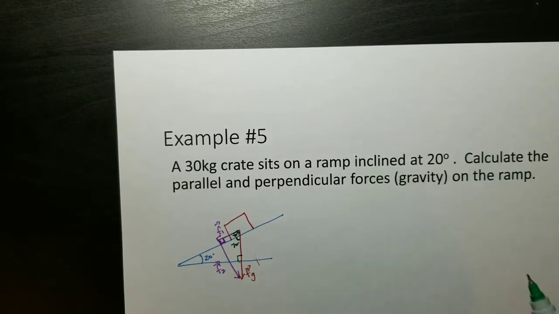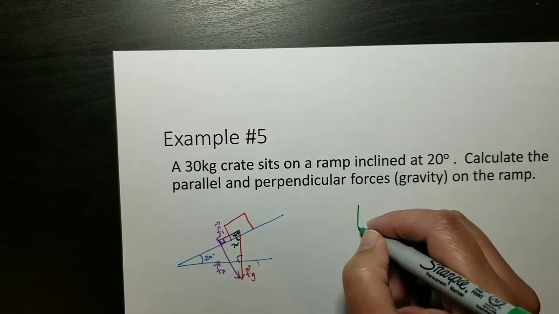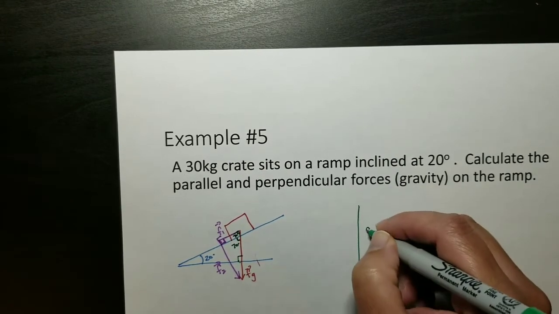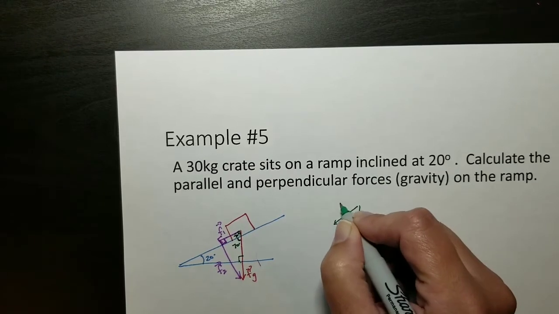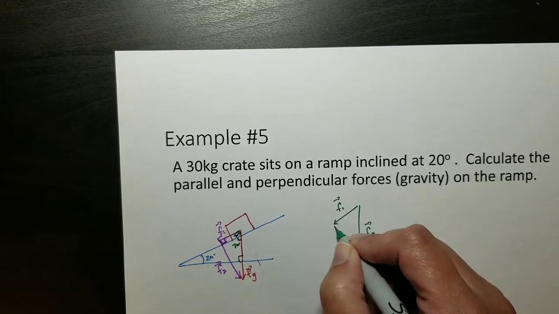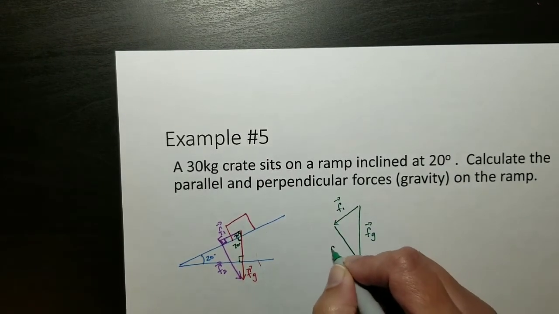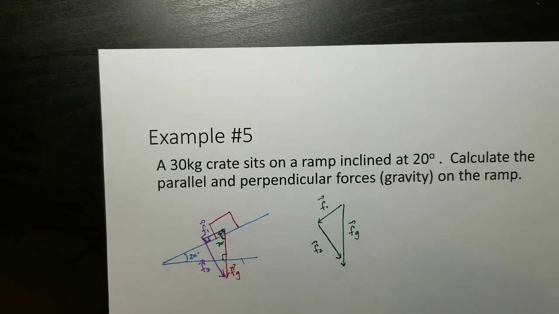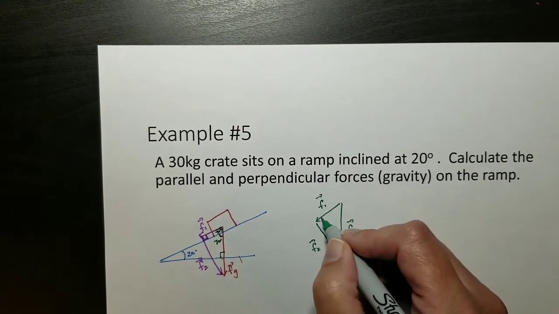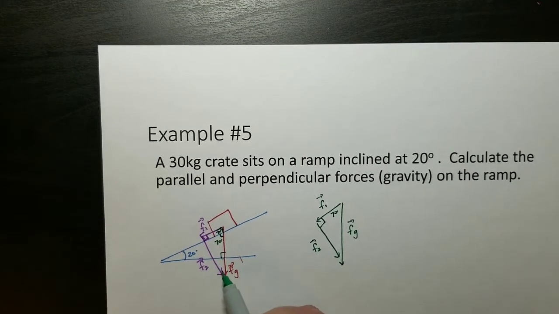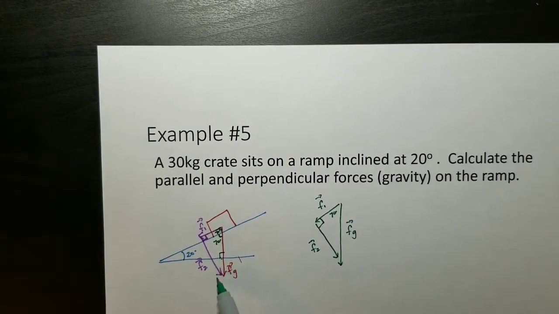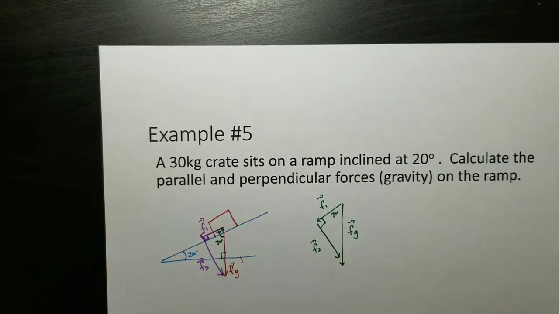So we've got this force of gravity going down, and we have our two component forces of gravity, F1 and F2, that are parallel to the ramp and perpendicular to the ramp. And I know that that angle there is 70. Some people do a different kind of reasoning to show that this is 20, and that's fine too.